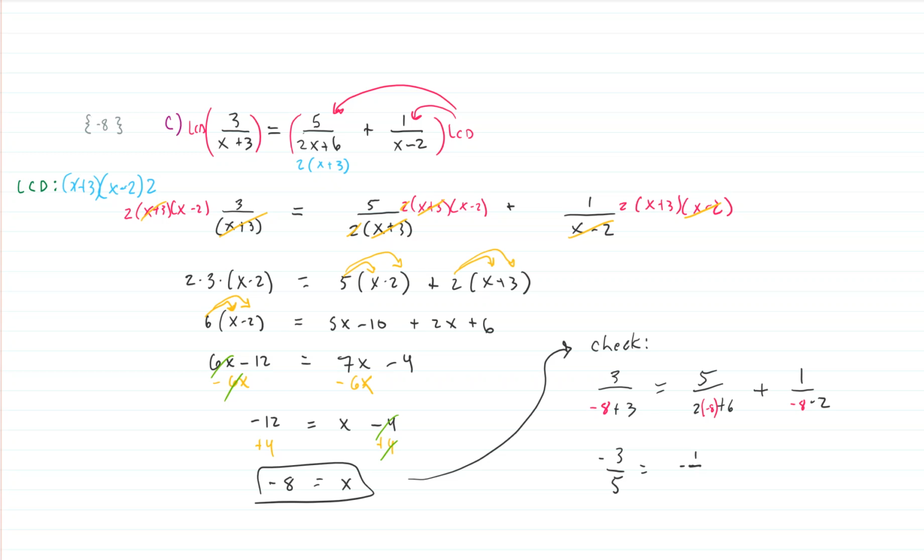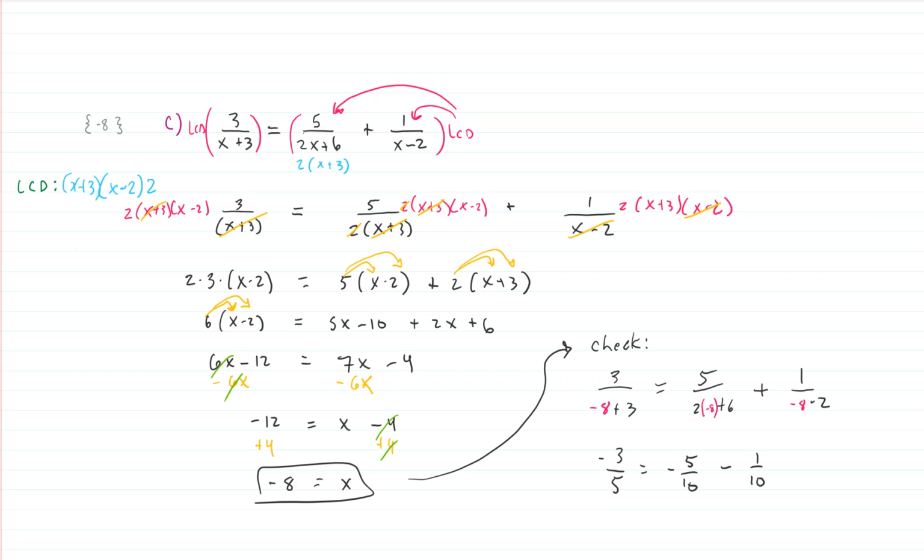But actually, maybe I should keep it negative 10 because it looks like I'm going to have another fraction over there. Let me start that over. So negative 5 over 10, and I have here negative 1 over 10, because negative 8 and negative 2 give us negative 10.